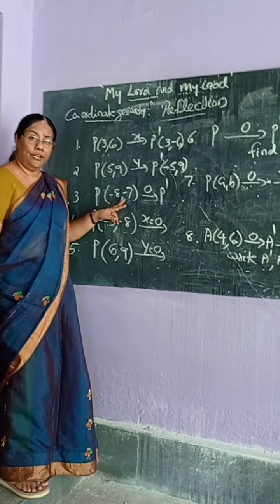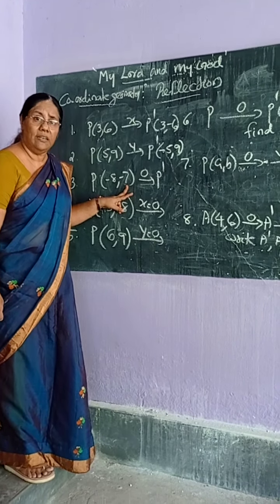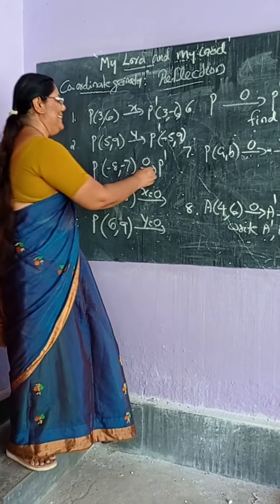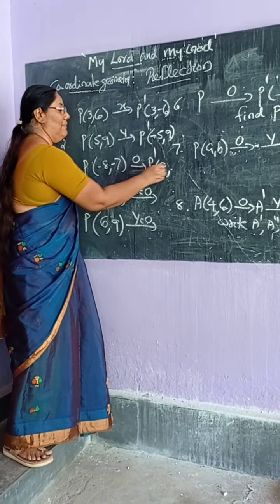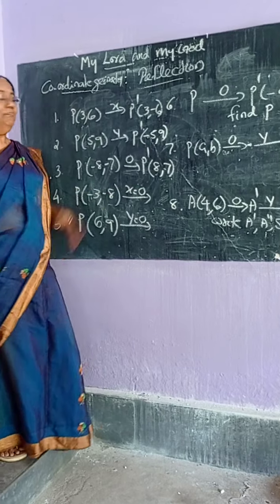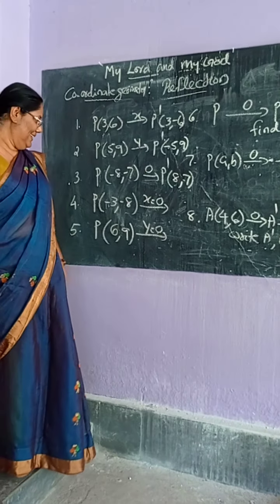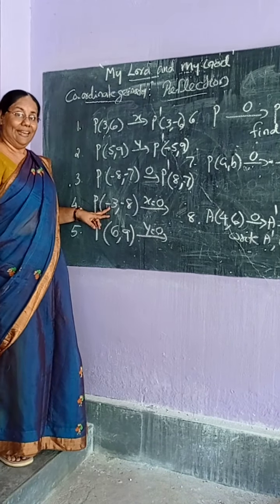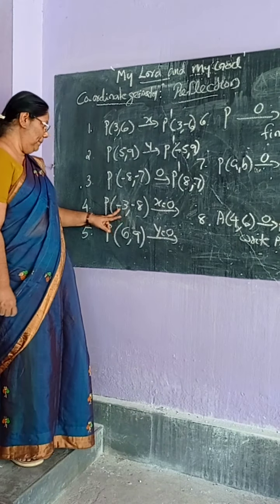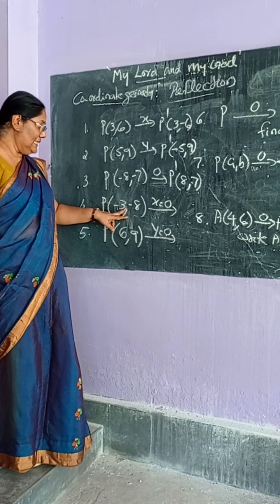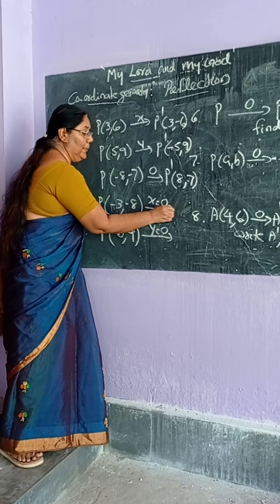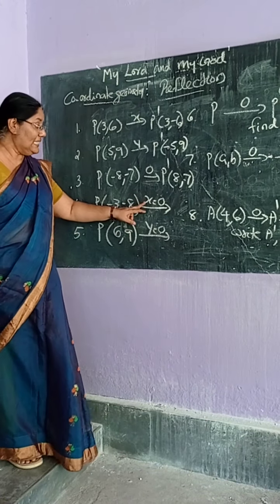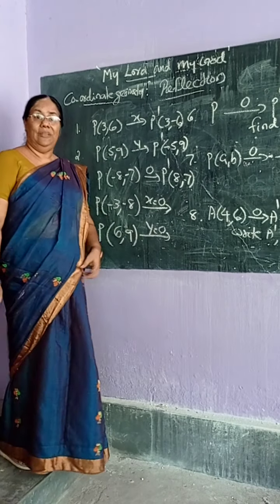Then through the origin. What is the meaning of through the origin? Both the coordinates change. Very good. -8 changes to 8. -7 changes to 7. 3 questions finished. Then write this question carefully. P (-3, -8), above this arrow, x equal to 0.